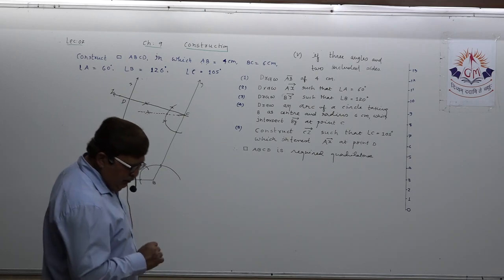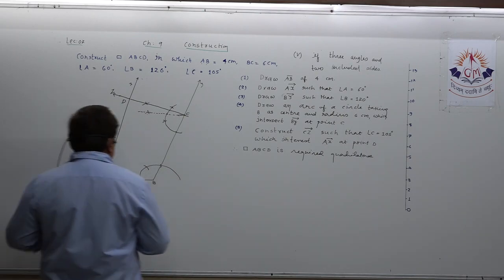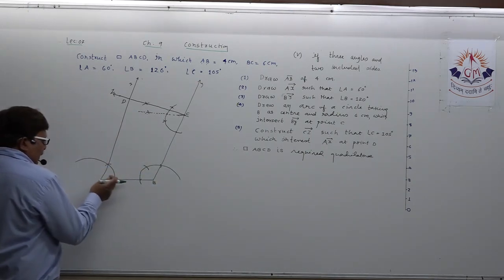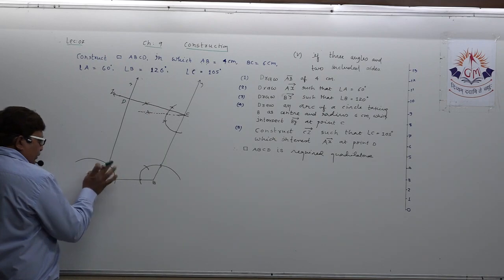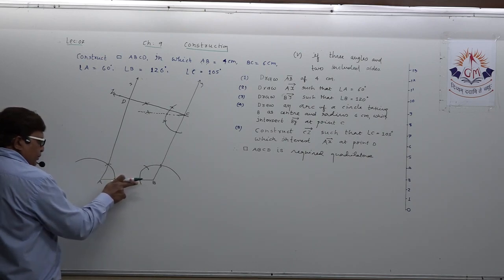Now see, dear student, what mistake I have seen students making. Please be watchful about this. I have drawn AB. Now when I want to construct angle of 60 degree here, this is my baseline.